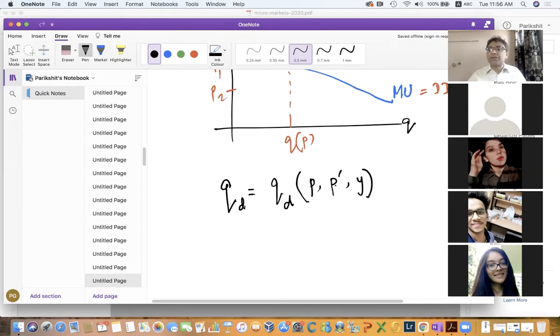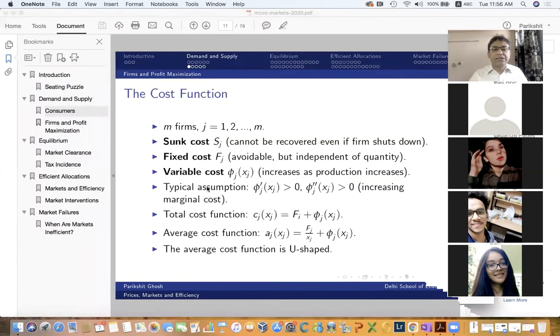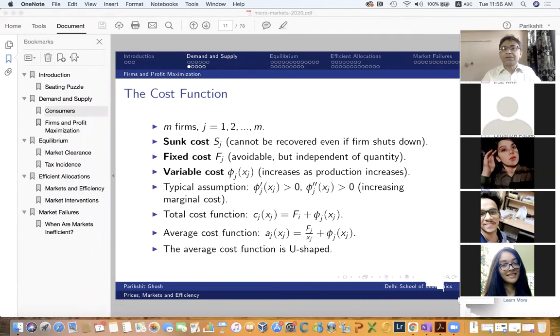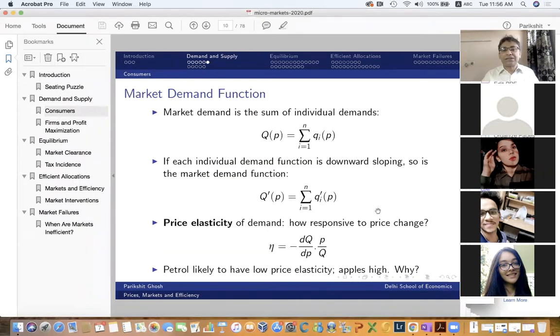For example, the price of some other good, that is called cross price elasticity, or the income of the consumer, that will be called income elasticity. And all you have to do is, in the definition, just substitute the relevant factor. So for example, the income elasticity of demand is defined as exactly this formula, except that instead of the price of the good, P, you substitute Y, the income, right?